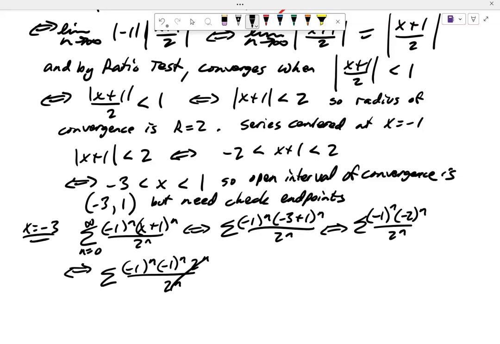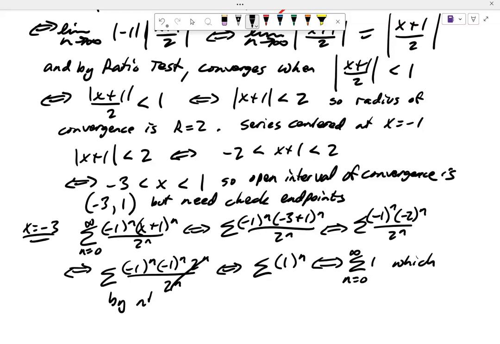And then you've got -1 to the n, -1 to the n. So -1 times -1 is a 1 to the n, which is just 1. Which, by the nth term test, the nth term test says, as long as that's not 0, it diverges.